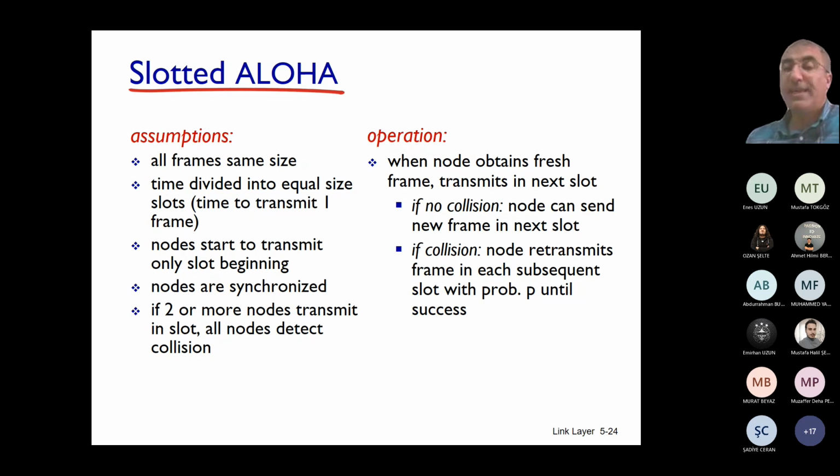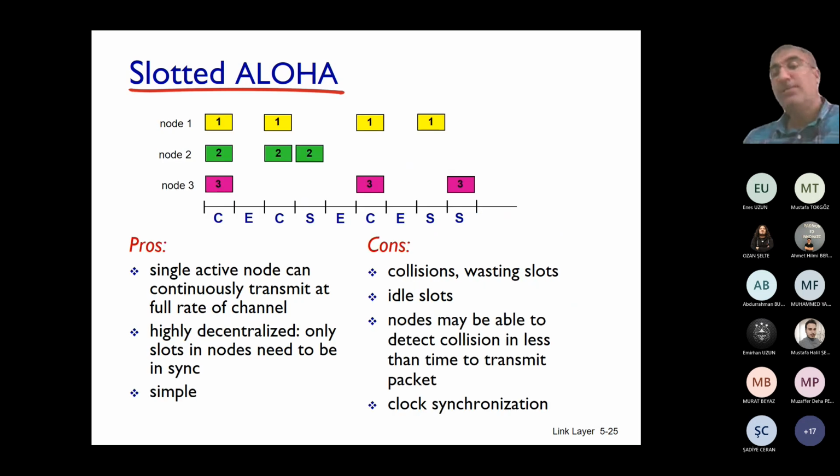But if you experience a collision, your packet is lost, and the node retransmits the frame in each subsequent slot, of course with some probability, let's call it P, until it successfully transmits this frame. Let's look visually at how this works by giving an example.